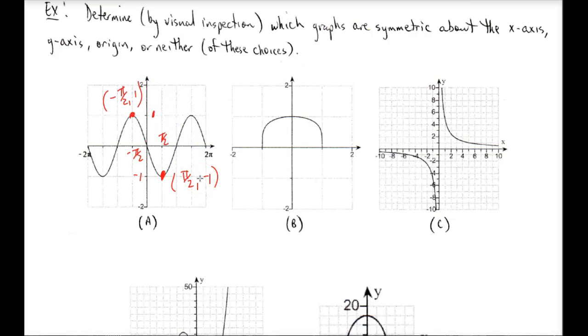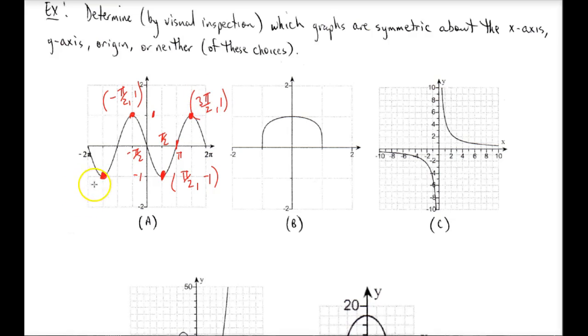Now, similarly, if we look at this point here and this corresponding point on the other side, which is this, we see that if this is pi right here, then this is going to be 1.5 pi, or 3 over 2 pi, with a 1.